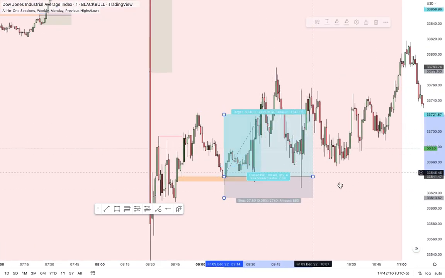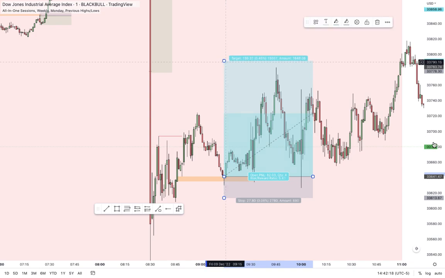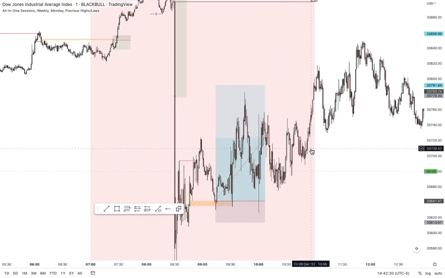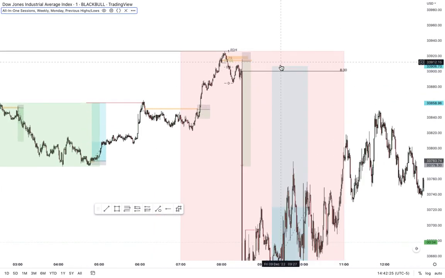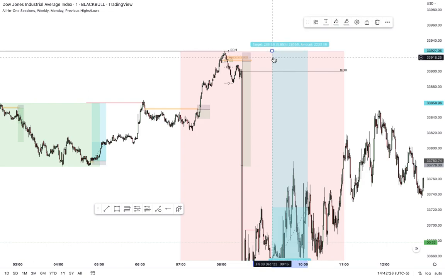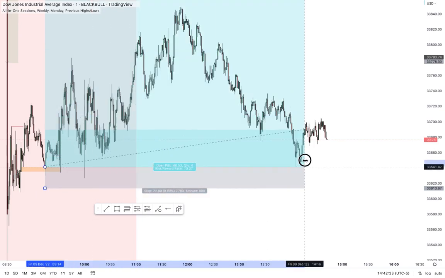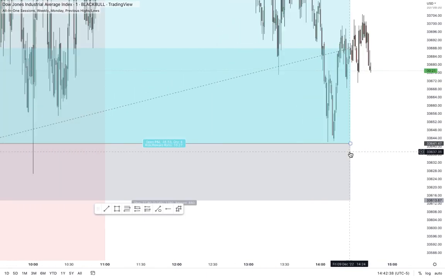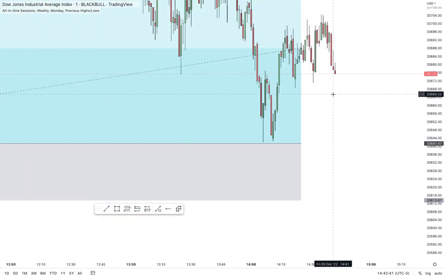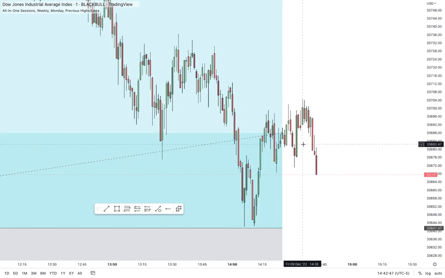So what happened is partials would have been the 5R. Here's the 5R, right? So the partials would have been the 5R, and the rest of my trade's target would be NY session highs. And although I guess it would have fit me on break even, no. So this was the fair value gap that it tagged into, and it is now dropping.